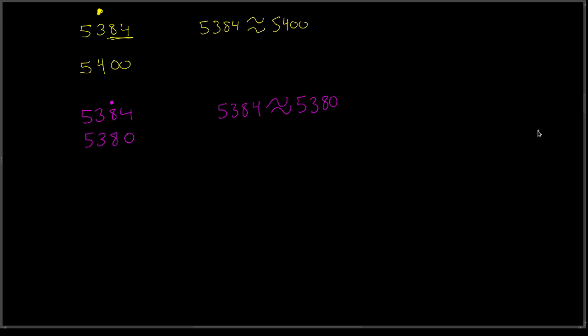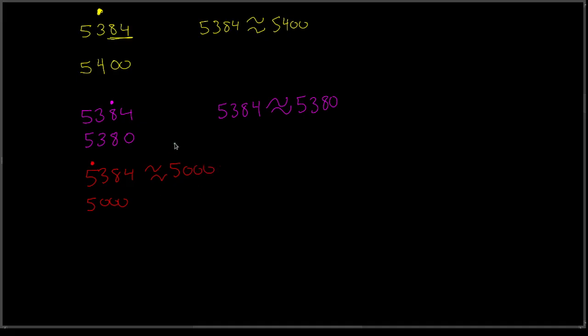Maybe I want to round it to the thousands place. So with 5,384, that's the place I'm going to round to. I look to the right. Is that bigger than 5? It isn't, so I don't change this number, and I change these all to 0. So 5,384 is approximately 5,000.